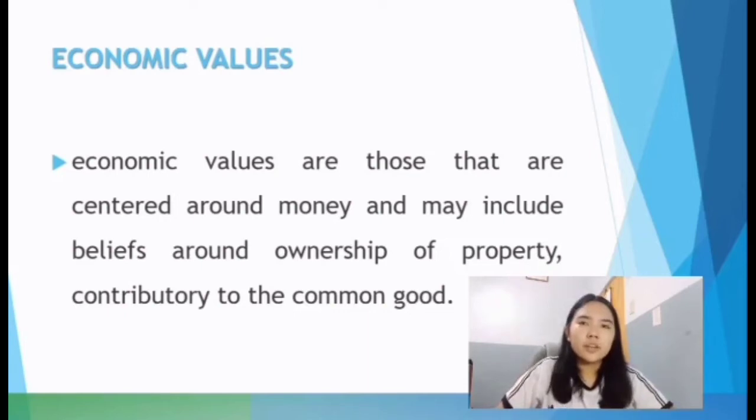And then, the ownership of property. You should know kung ano yung sayo at hindi sayo. So that, kumbaga, walang mangyayaring agawan, kundi magkakaroon ng peace or common good sa lahat.